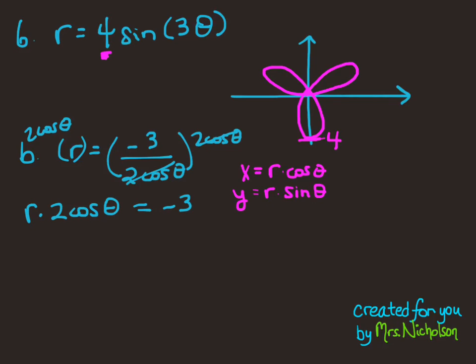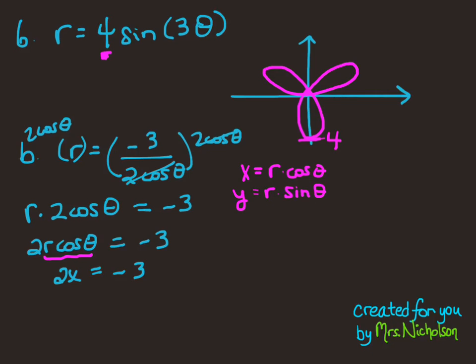And it might be a little more convenient if I wrote that as 2r cosine theta equal to -3, just switching the places of the 2 and the r. And then right here you see r cosine theta, and my formula tells me that that is equal to x. So 2x equals -3, and now I have a rectangular equation. No more r's and thetas, only an x in this case, but we could have x's and y's to make it rectangular.